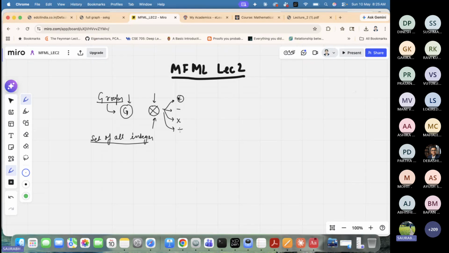Let's say we have a set of all integers, which we call G. Now, if we take any two items from G and apply the binary operator, the output should still be an integer. So whatever you do with the objects of G, after the transformation, it should look like whatever it was before. That's the core definition of groups. Groups have certain axioms.